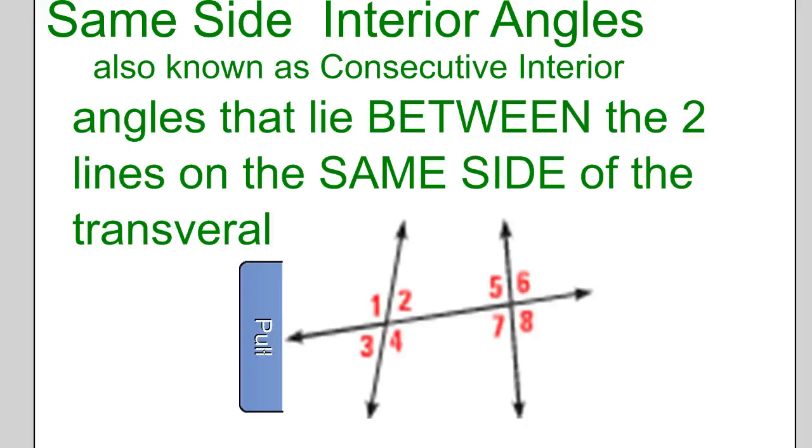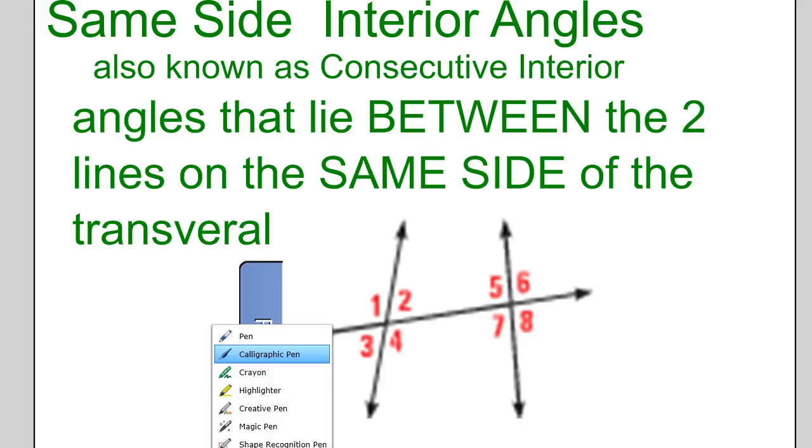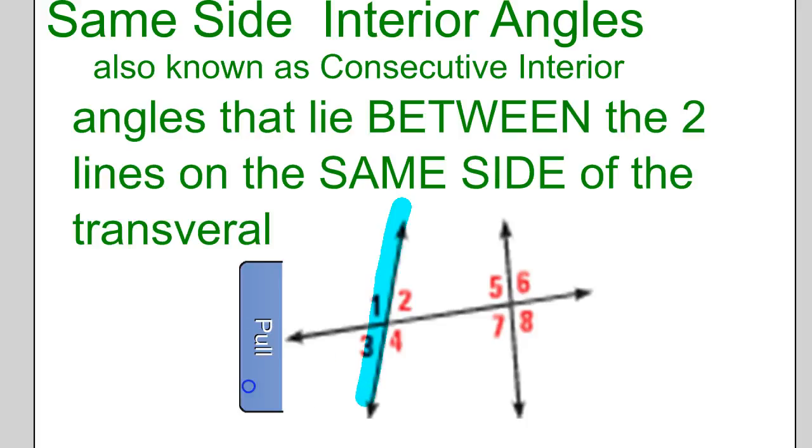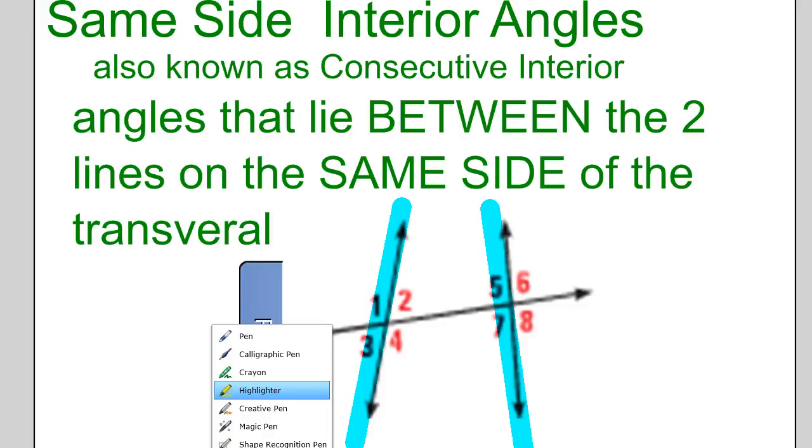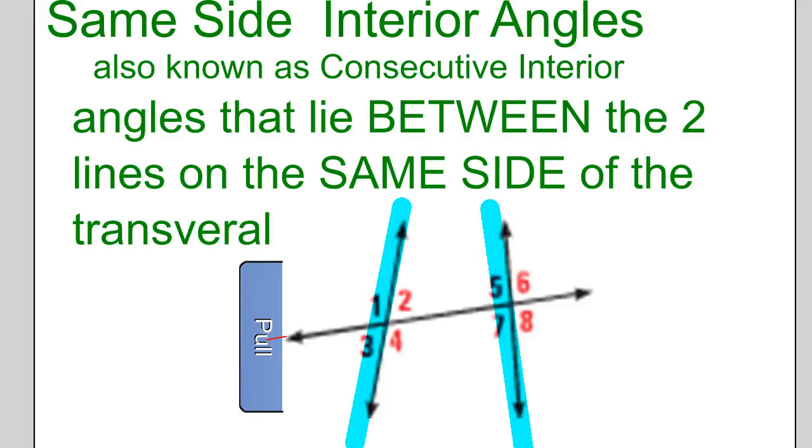So angles that lie between the two lines. So here's my two lines. What angles lie between the two lines on the same side of my transversal? My transversal is this red line T. So if you notice, angle 2 and angle 5, they lie between my two blue lines on the same side of the red.